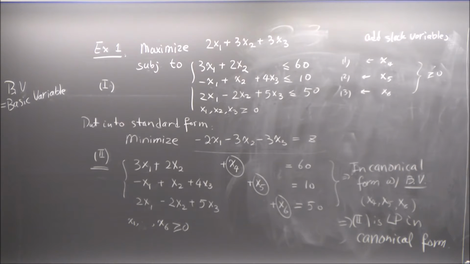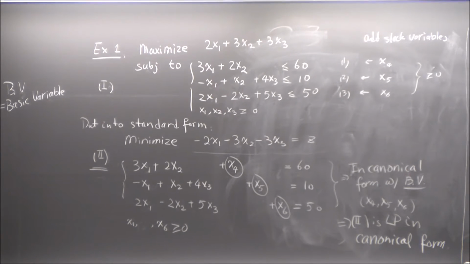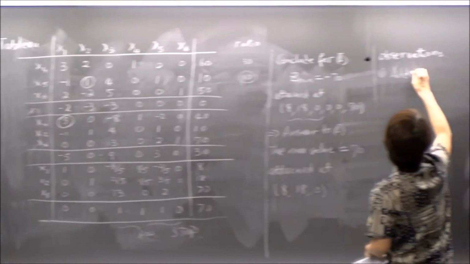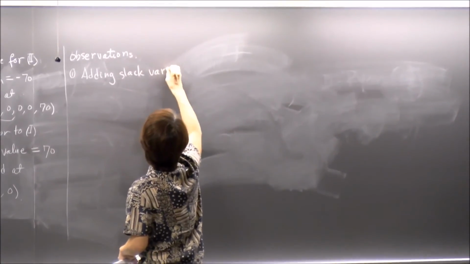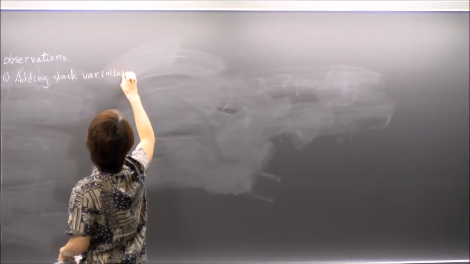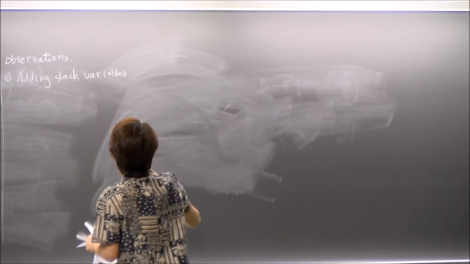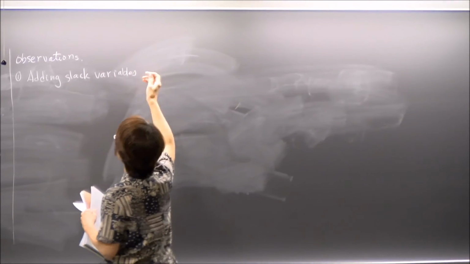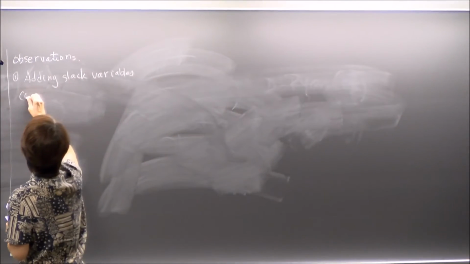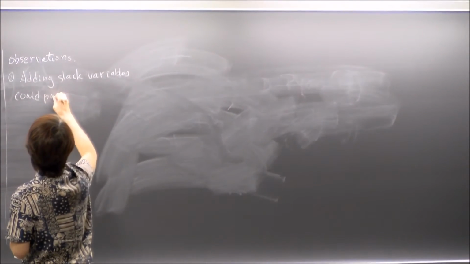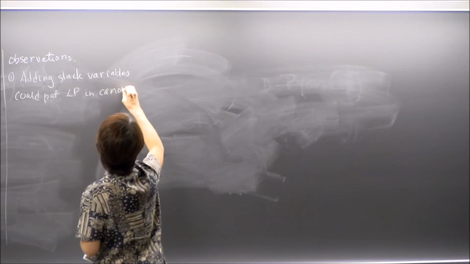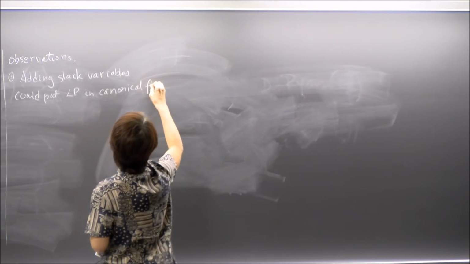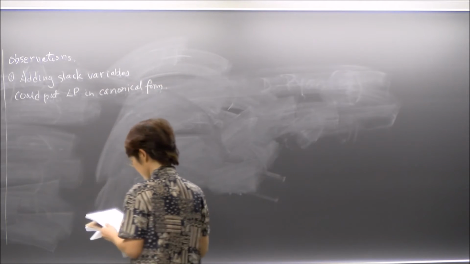Is that right? Now, that's a useful observation. Okay, so let's put that up. So adding slack variables, okay, not always, but I'd say could put the linear programming in canonical form, which is nice.